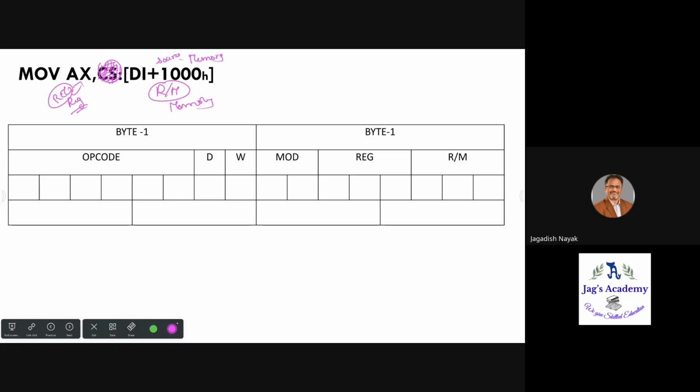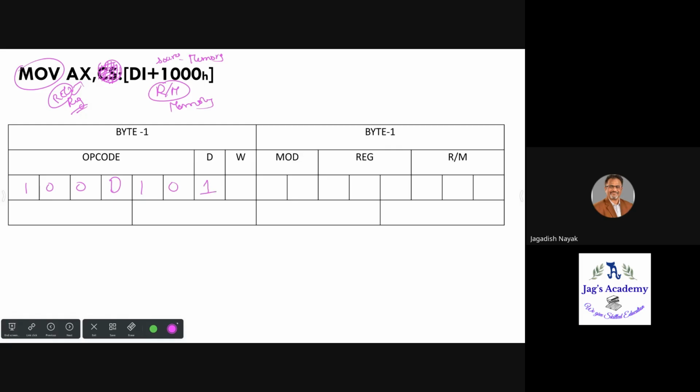Now see here. When you try to convert this into the machine instruction, see it part by part. Now, what is the opcode? Opcode is MOV, right? So definitely this will be 100010. What is the D bit? Data is going to the register, so definitely it is going to be 1.